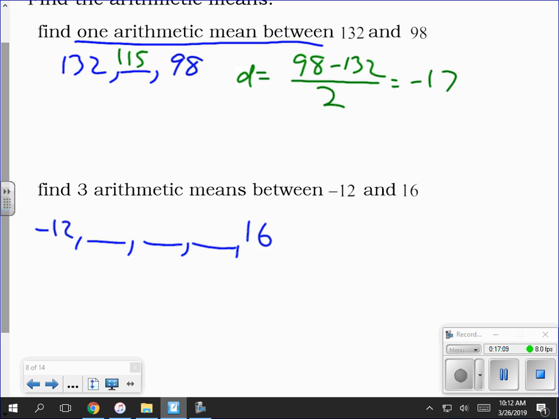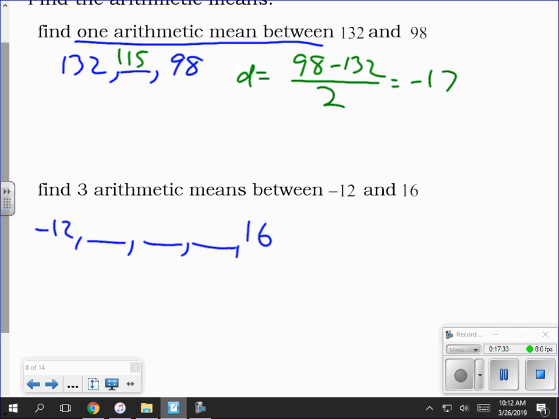Now what your book shows you is to find the average of these two, that's your middle number, and then the average of the next two, and so on, which works great if I'm looking for an odd number of arithmetic means. If I'm looking for an even number, that won't work. You've got to look for your D.